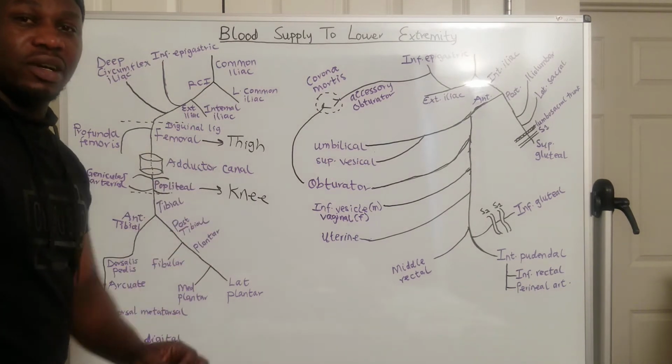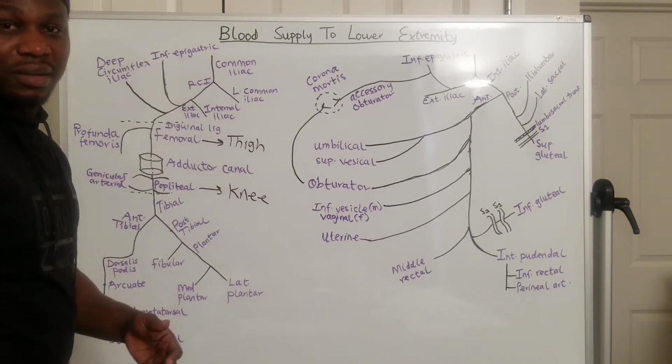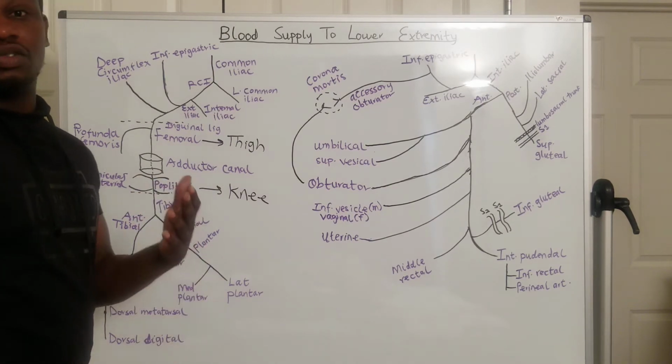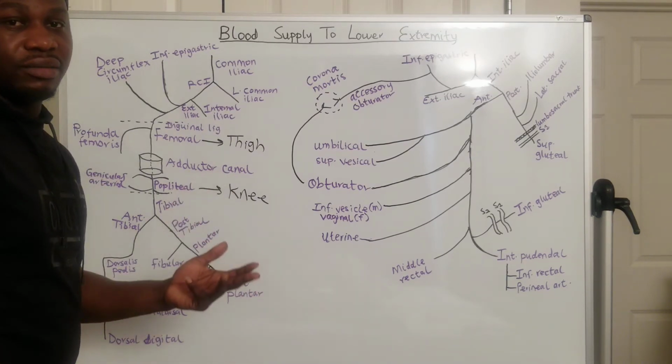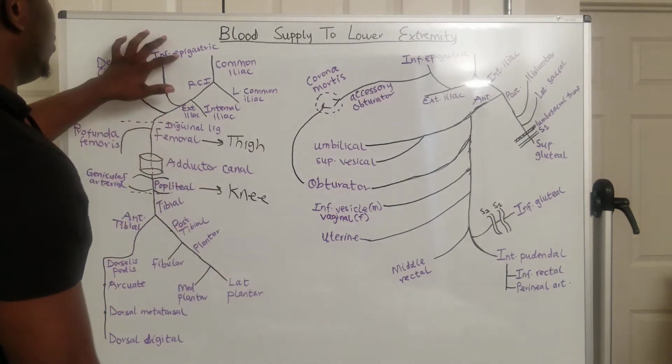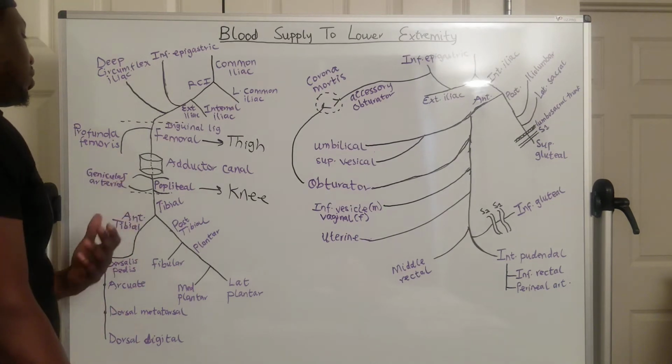These usually show up on exams, like, what are the two terminal branches of the external iliac? Inferior epigastric, deep circumflex iliac artery.